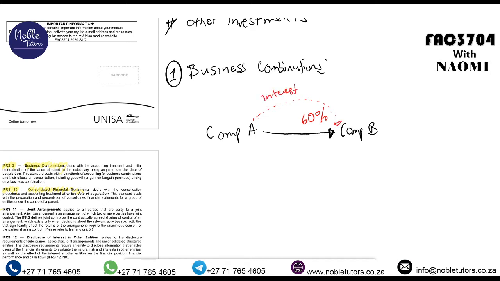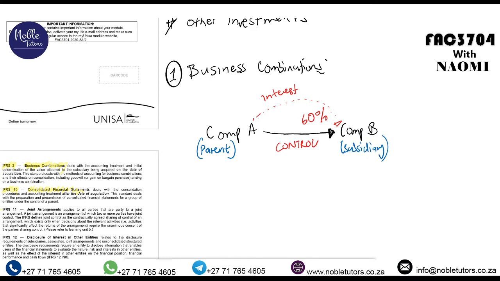And they've got more than 50% interest. Because they have more than 50% interest, this gives them control over company B. And when one company has control over another company, this company is known as the parent company, or rather the investor. So it's referred to as a parent, and then company B becomes the subsidiary of company A.